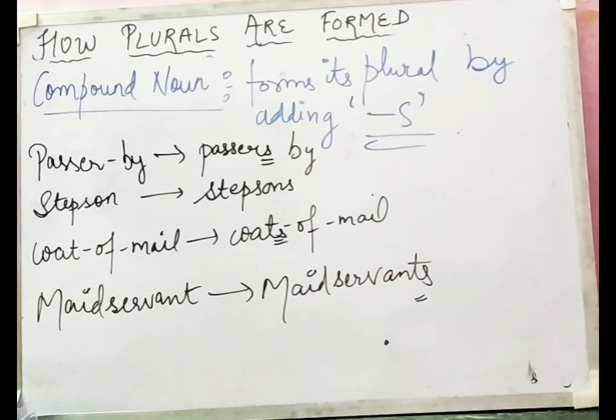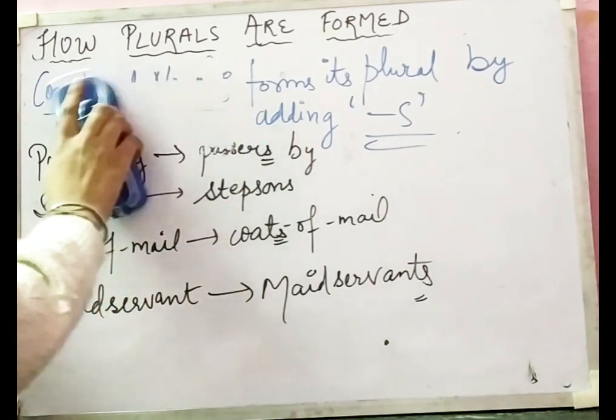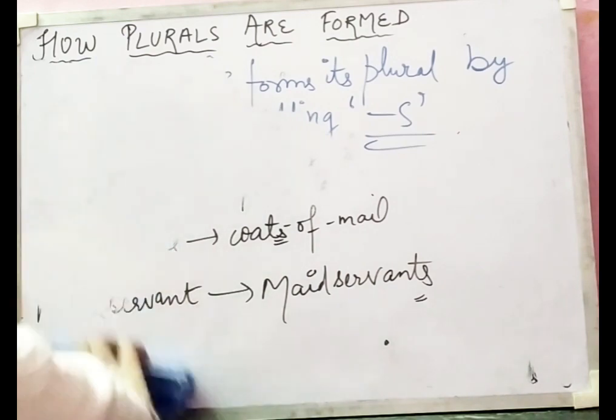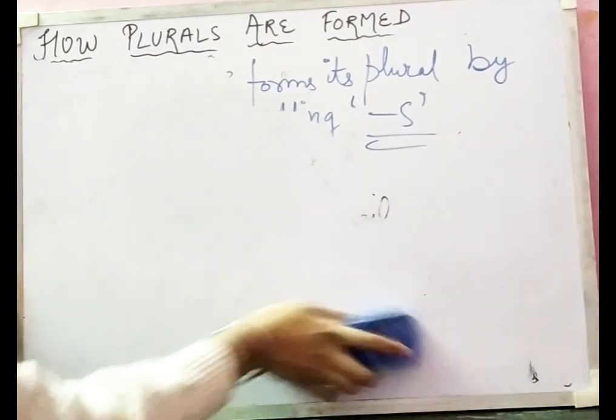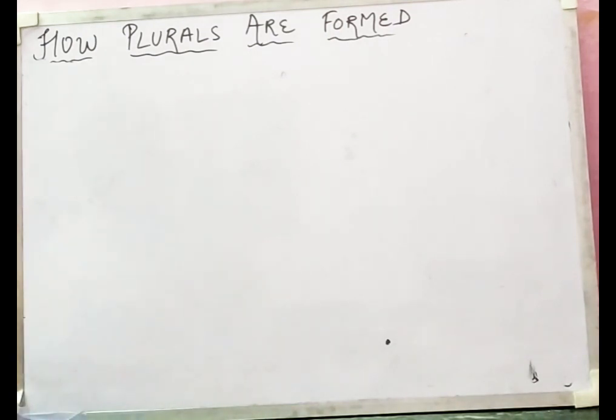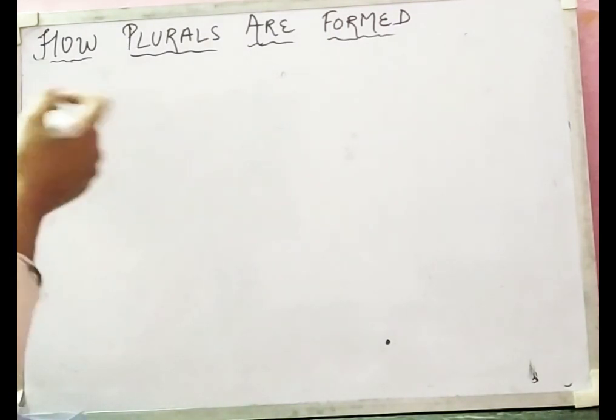Now moving forward to the next part, that is a very little part. There are some nouns taken from foreign languages that keep their original plural form. Means they are in their own plural form only. Let me give you examples of foreign languages.